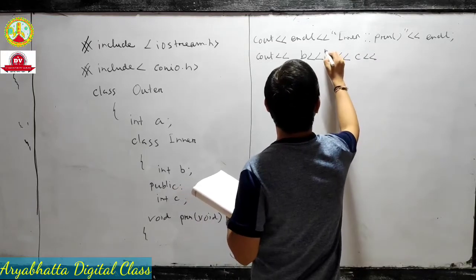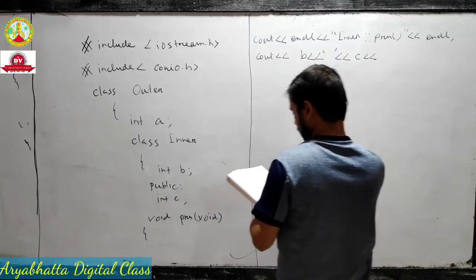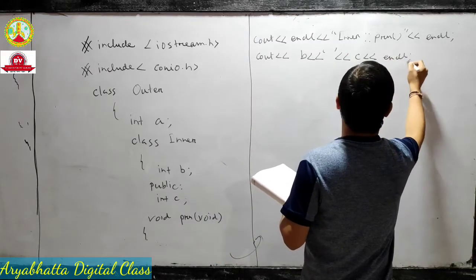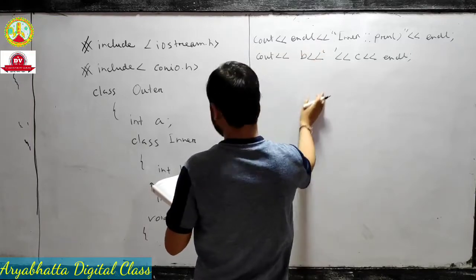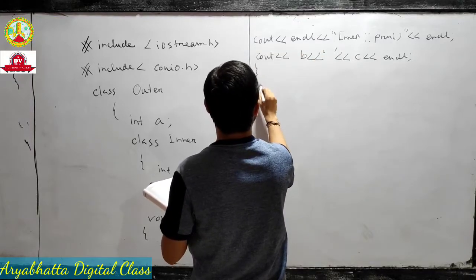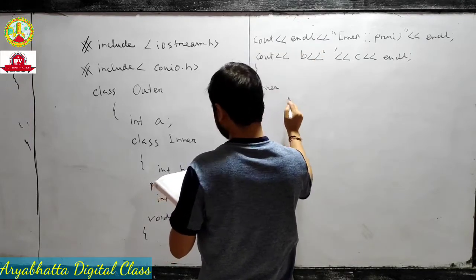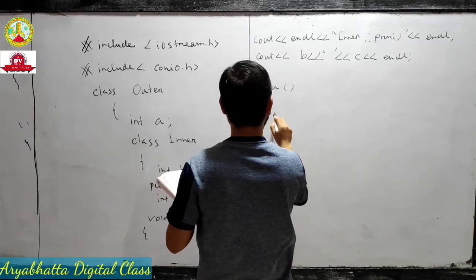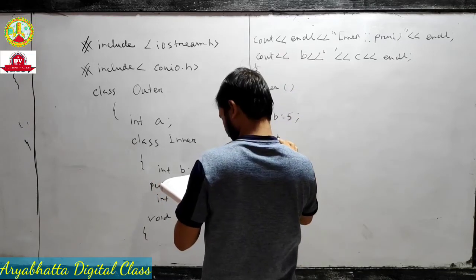Okay, this is a space actually, under single quotation. This all is for designing purposes, nothing to be worried about. b is equal to 5.